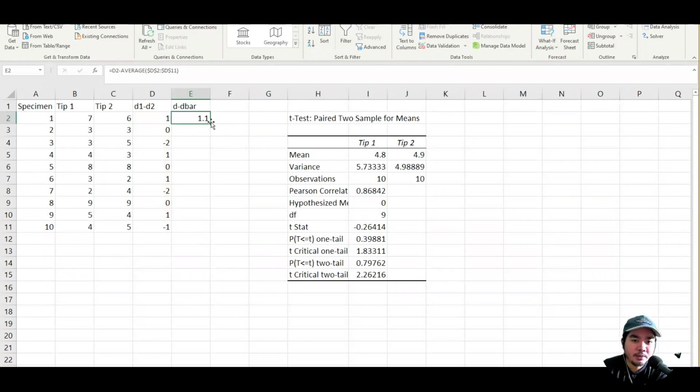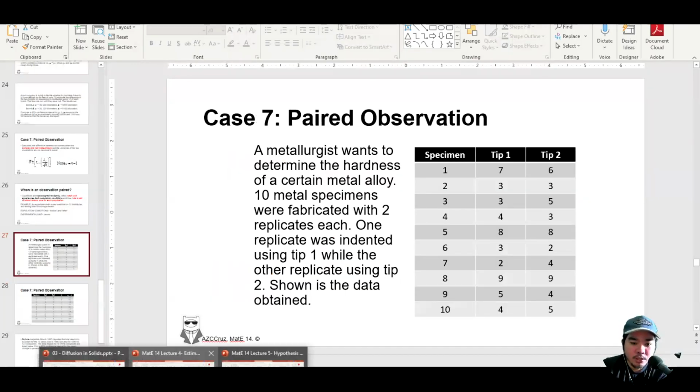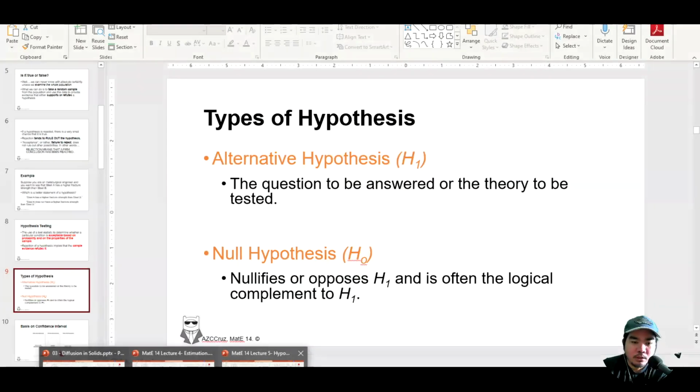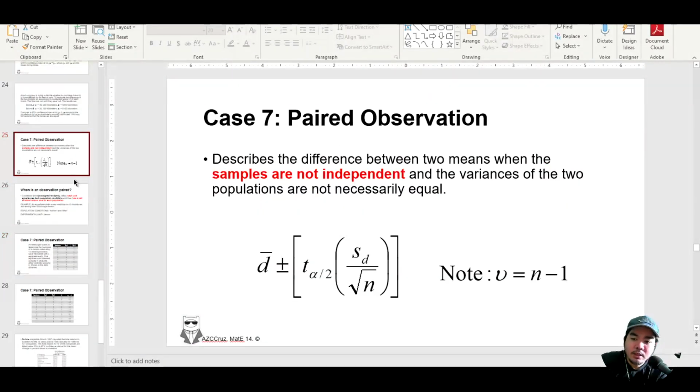So pwedeng ganyan. So I can end up with something that looks like this. Okay? So ang computation is we need to get the standard deviation of the difference.